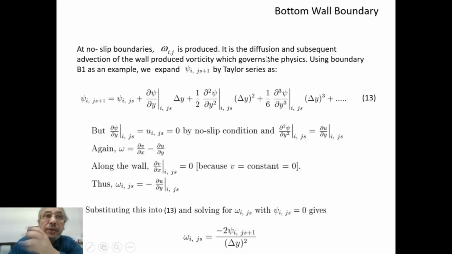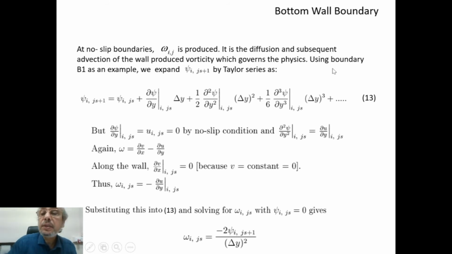Even when you read turbulence, or if we get an opportunity to do turbulence modeling, you will see that this generation of vorticity due to the solid wall plays a very important role in understanding turbulence, where vorticity is a very important parameter. Anyway, here we are not going to that extent. We are just mentioning it, but we'll calculate the correct vorticity at the wall.